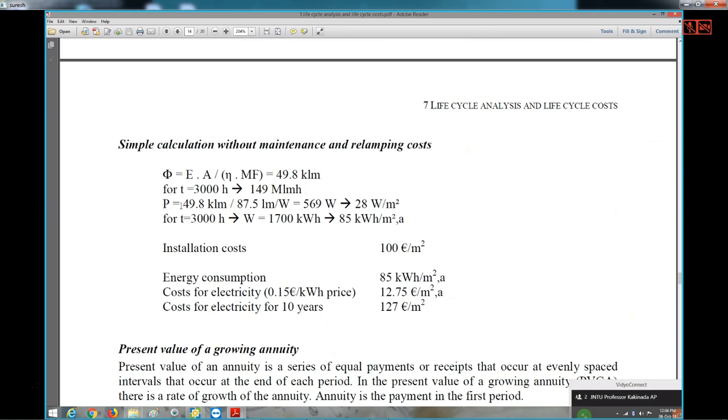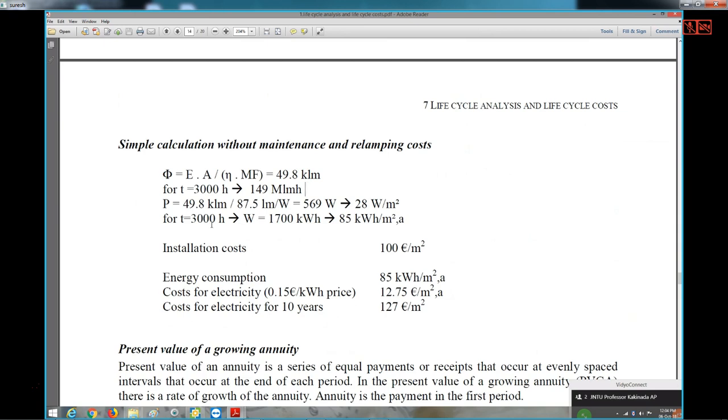Then power consumption P equals 49.8 times 10 power 3 lumens divided by 87.5 lumens per watt, giving 569 watts rating of the lamp, which is 28 watts per square meter.